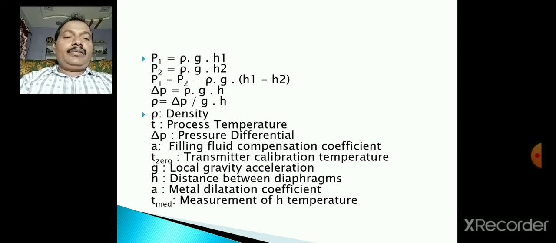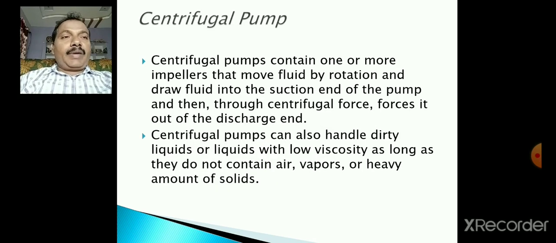A is a metal dilation coefficient, and T med is the measurement of H temperature. So these are the different parameters.